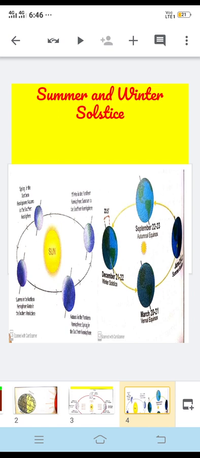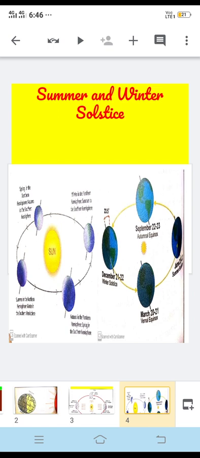As a result, this area receives more heat, and the area from the equator to the Tropic of Cancer is receiving maximum heat.